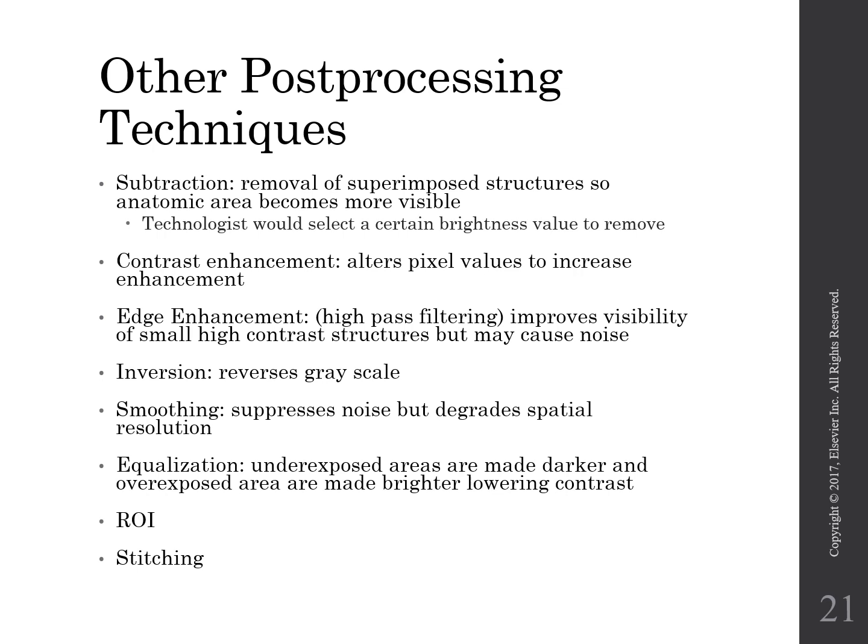So what they will do is they will actually take an image, save that image, and then tell that image that it's a mask. Then they will take another image with contrast, and they will ask that mask, all the image that was on the mask, to be removed, so only the area that they injected contrast would now be visualized.